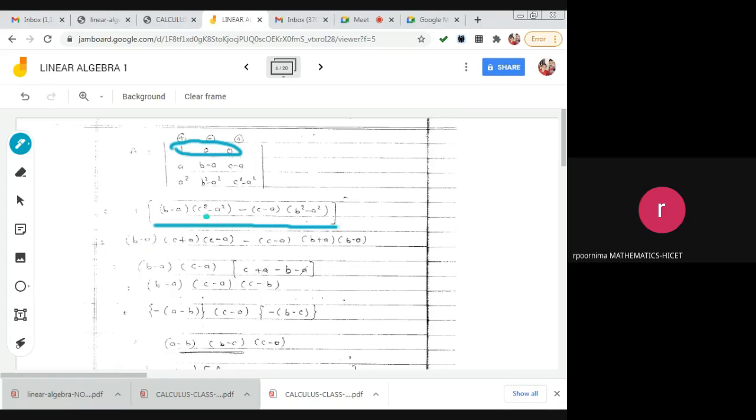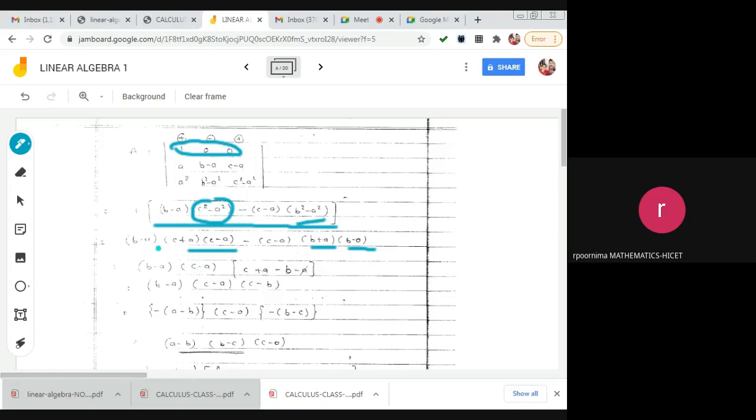Then b minus a into c square minus a square. So c square minus a square is in the form of a square minus b square, that is a plus b into a minus b formula. So c square minus a square can be written as c plus a into c minus a. In a similar way, b square minus a square you write as b plus a into b minus a. So b minus a into c minus a within brackets.